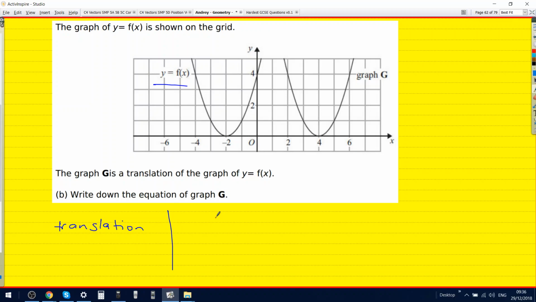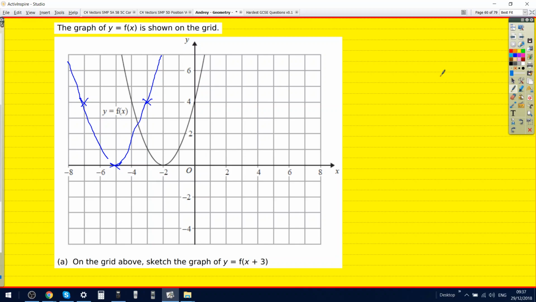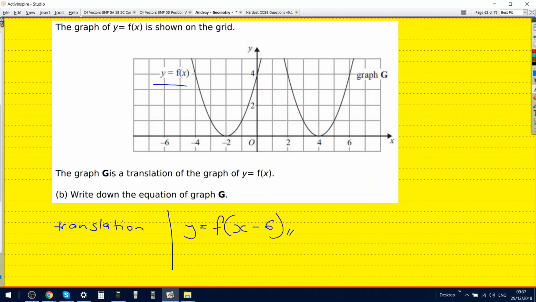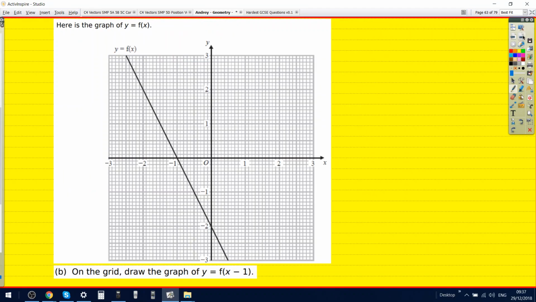I can see one point goes from 0, 4 to 6, 4. So is it x plus 6? What happened for this one when you had x plus 3? Oh, right. It's x minus 6, I should say. Yeah, y equals f of x minus 6. It moved 6 to the right, so it's x minus 6.